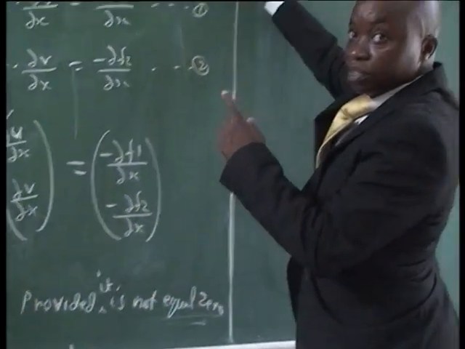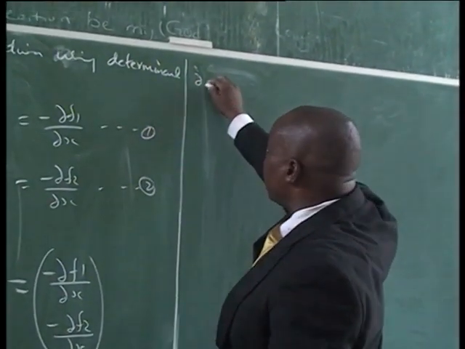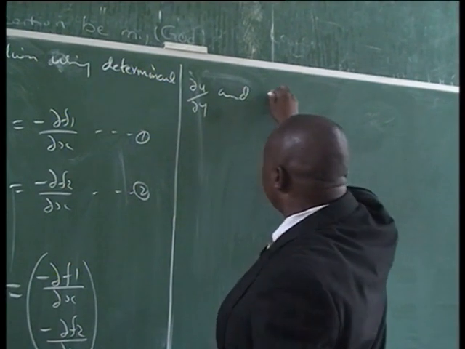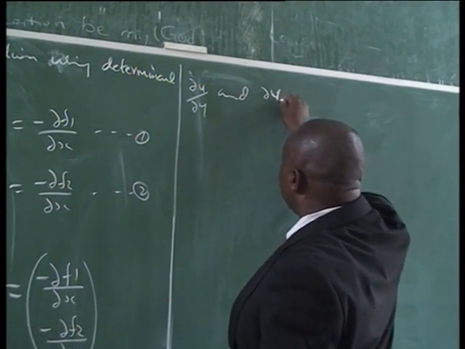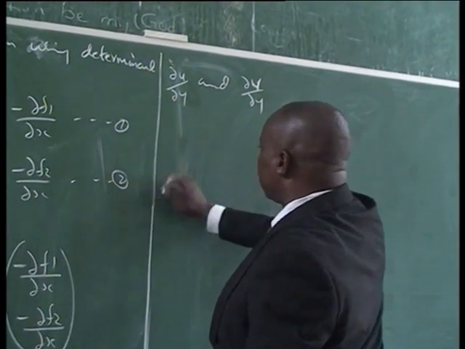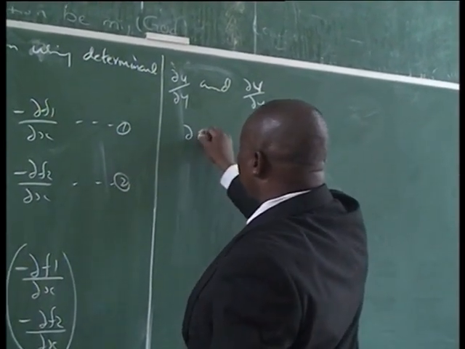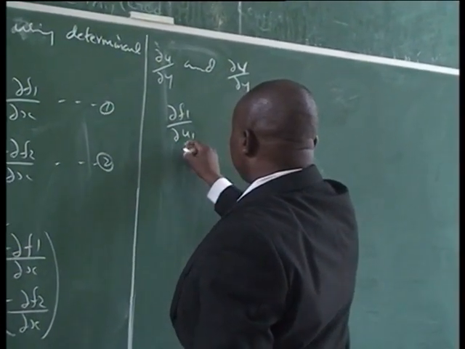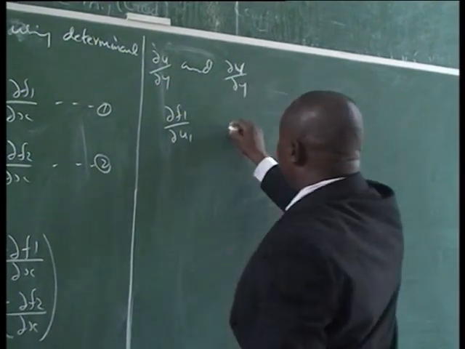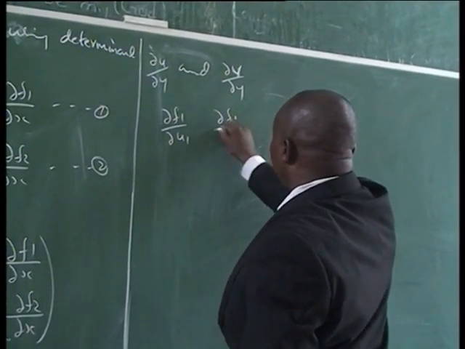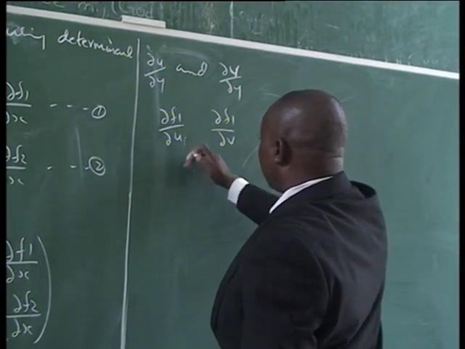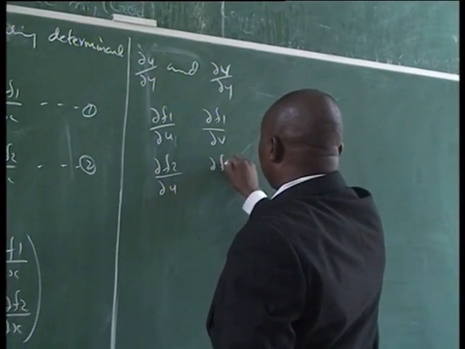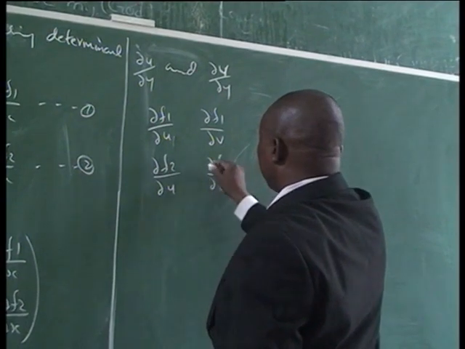Then a similar definition, we can also define partial u partial y and partial v partial y to be the same thing as partial f1 partial u, partial f1 partial v, partial f2 partial u, partial f2 partial v.